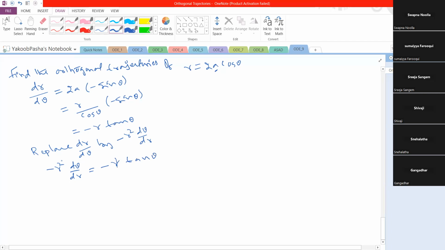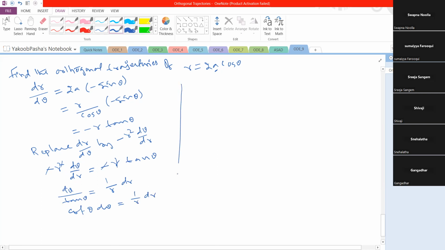One r will be cancelled, so minus also cancels. We are separating the variables. Now d theta by tan theta becomes cot theta d theta, that is equal to dr by r.